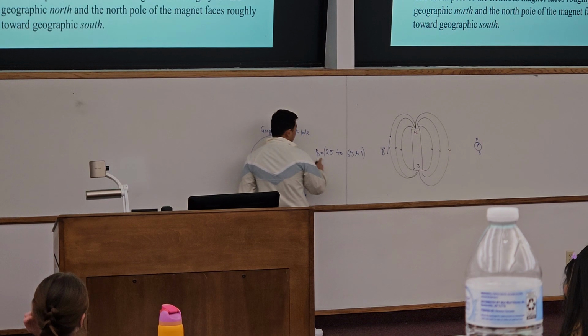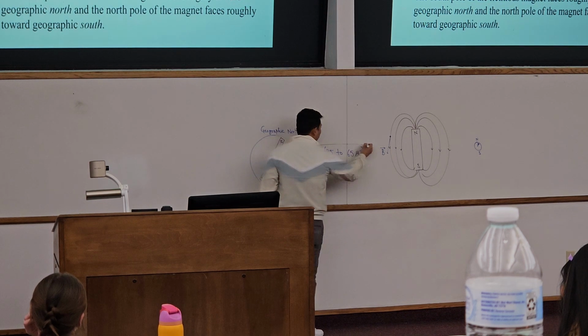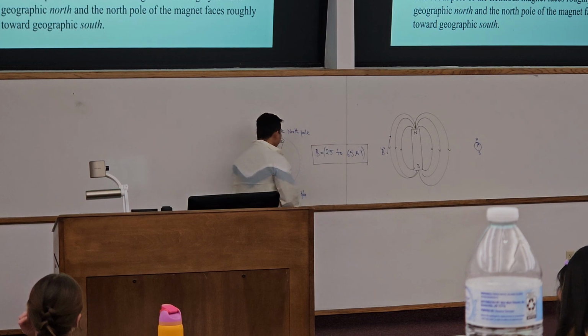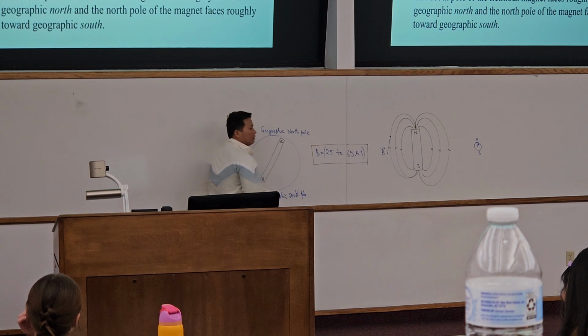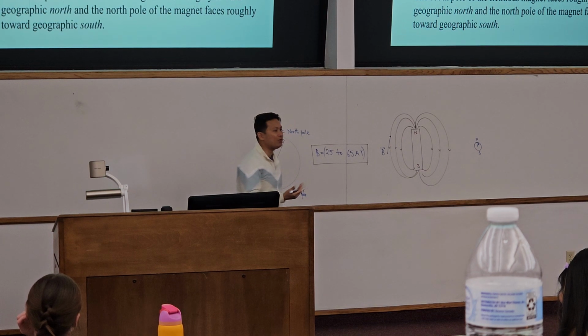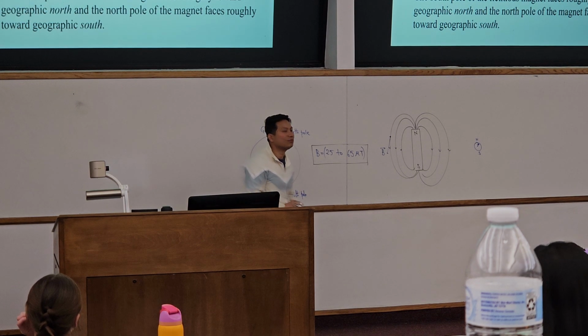Okay, it's not that much. 25 to 65 microtesla. It's a small magnetic field. Okay, and this value varies depending on where you are. If you are closer to the polar region, you have a higher value, and if you come to the equatorial region, you have a smaller value. So it's like the gravitational constant.